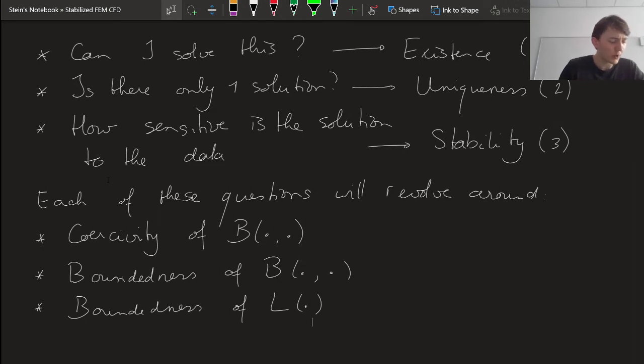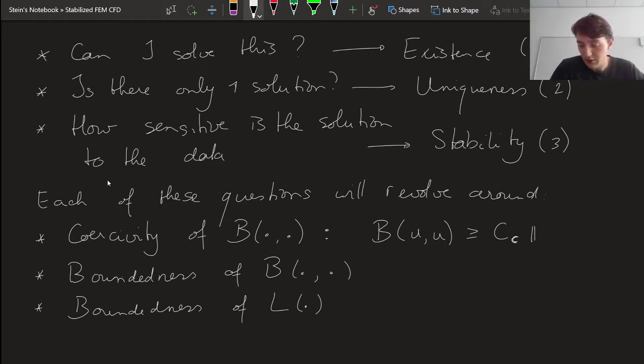So what are these terms? What do they mean? Well, there are actually very simple definitions. A coercive bilinear form is a bilinear form that takes two functions u and u and will always produce a value that is larger than or equal to some constant, which we'll call the coercivity constant c, times the norm of u squared.